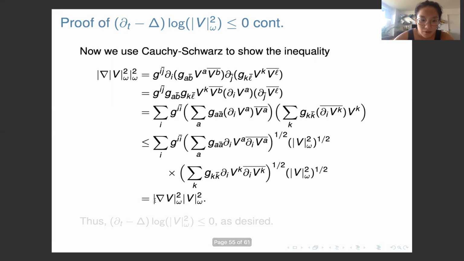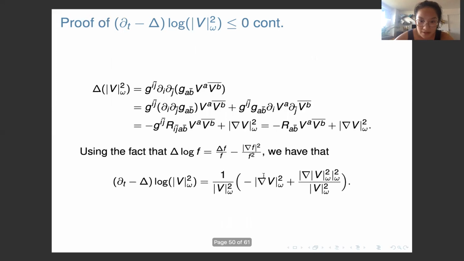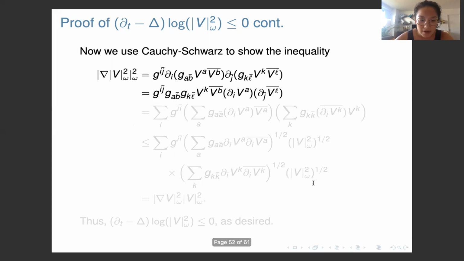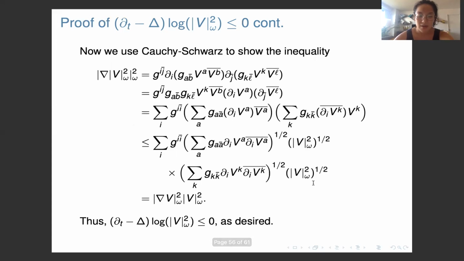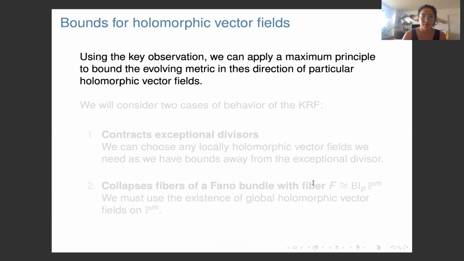That gives you what you want, which is that the nabla of the norm of this is simply equal to the norm of the nabla of v squared times v squared. Given that, going back, you'll see that that will be equal to this. And so we get that the right-hand side is going to be less than or equal to 0, as desired. Okay, so now we have proved the key observation.